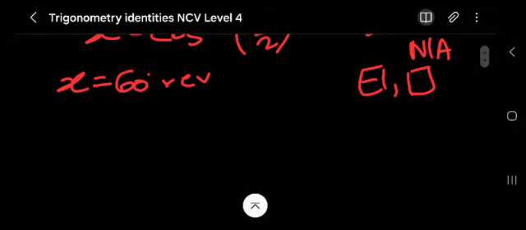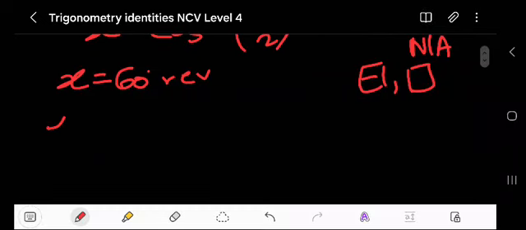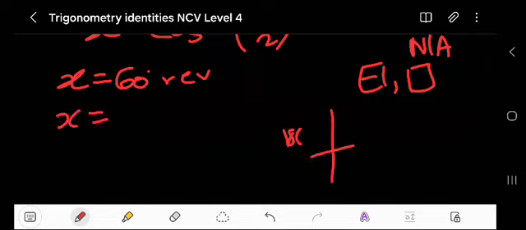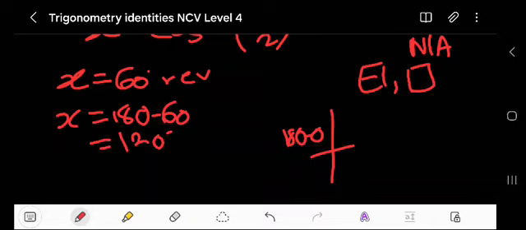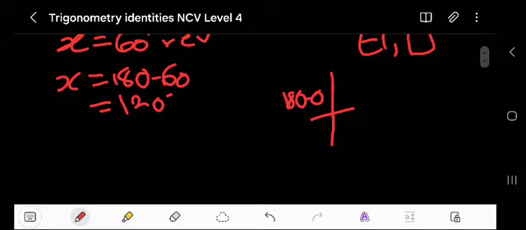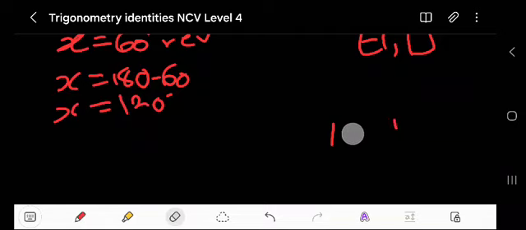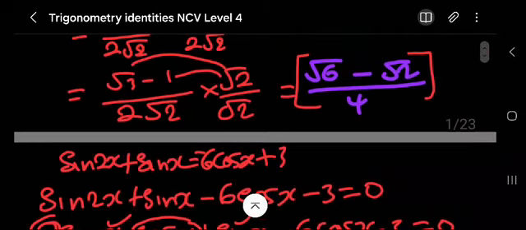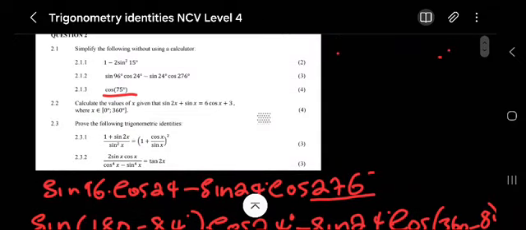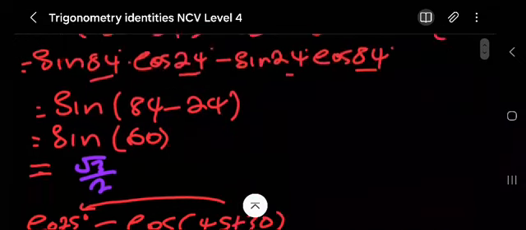So we have x equal to 60. We check this is negative on the second quadrant. On the second quadrant we have 180 minus theta, so we have 180 minus 60. There will be 120 degrees, so that is x there. For checking here, they want the values between that.